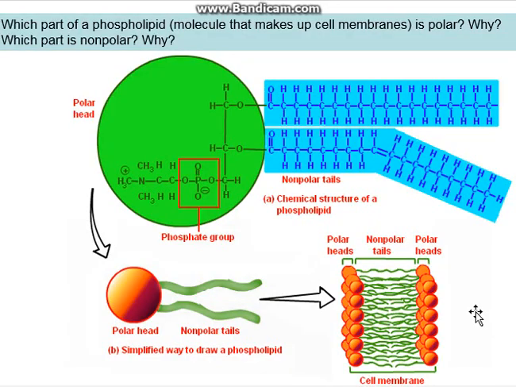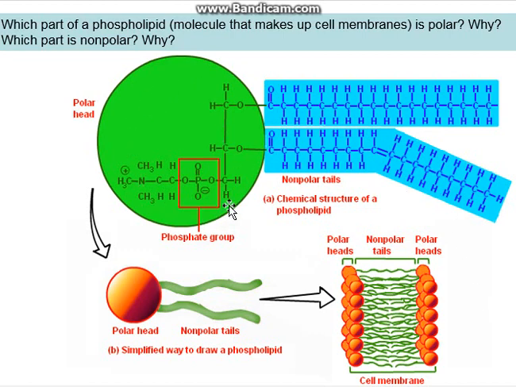So which part of a phospholipid is polar? Look for the partially positive and negative area. If it has a partial positive or negative charge, it is considered polar. Is it the green area or the blue area? Where do you see a positive and negative charge?